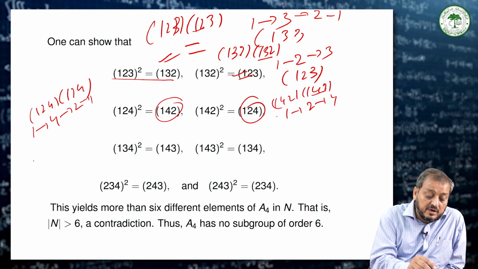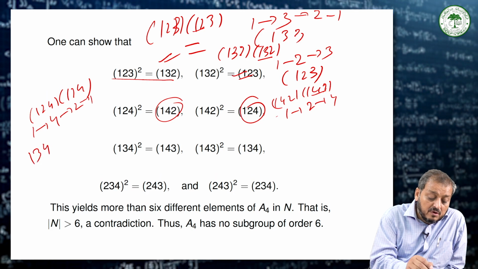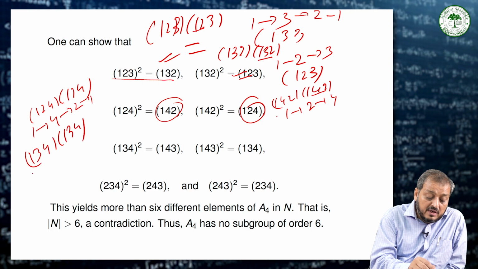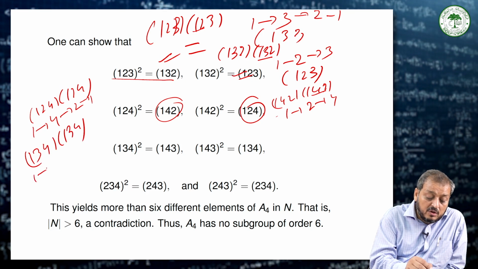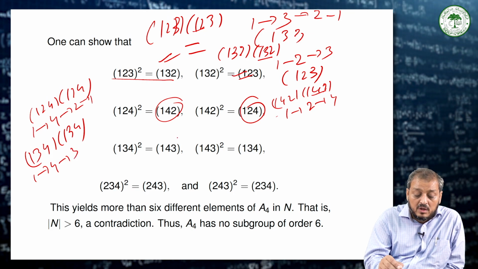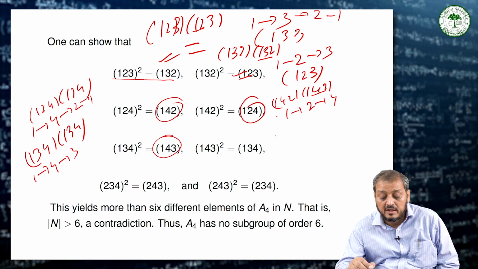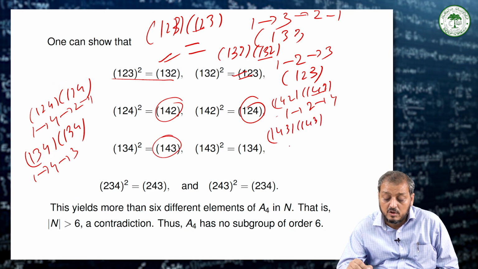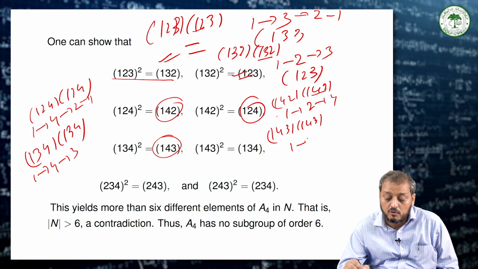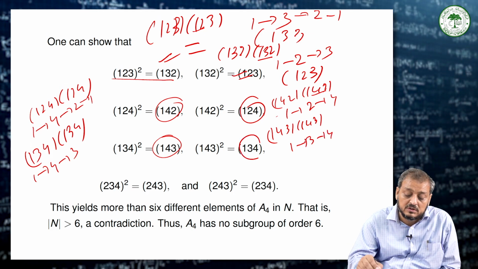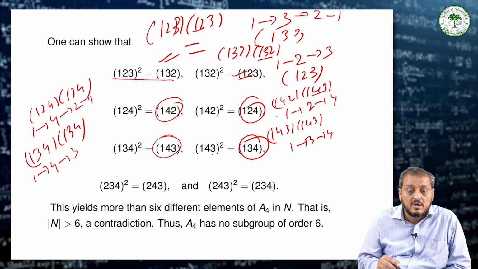Similarly we calculate (1 3 4) and (1 3 4). Clearly 1 goes to 3, 3 goes to 4, 4 goes to 1. This is (1 4 3), and then if you take (1 4 3) and (1 4 3), then 1 goes to 4, 4 goes to 3, 3 goes to 1, so this is equal to (1 3 4).